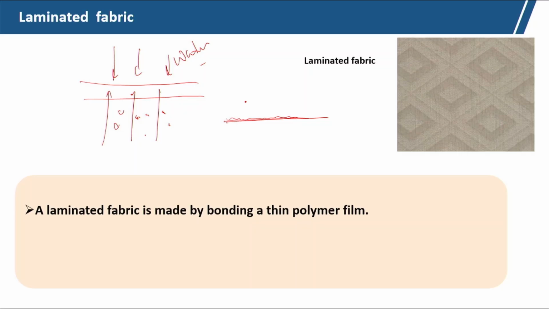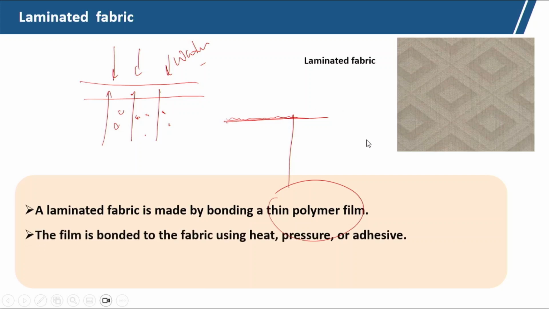So, for this type of fabric we have to use a lamination technique. The normal fabric is bonded with a thin layer of polymer film to produce the laminated fabric. The film is bonded on the fabric surface using heat, pressure or adhesive.